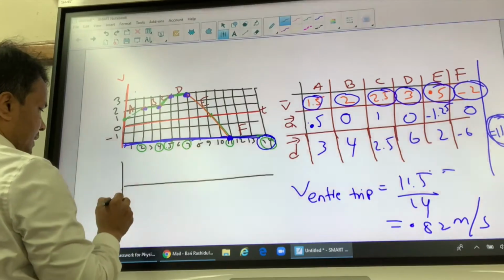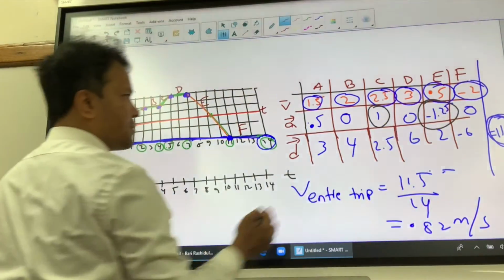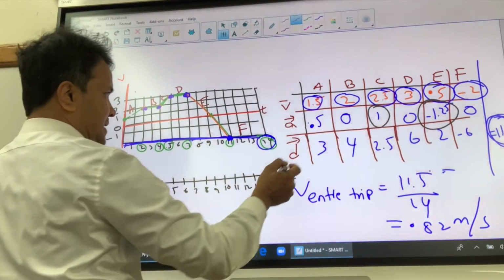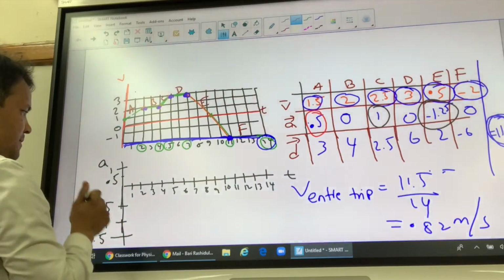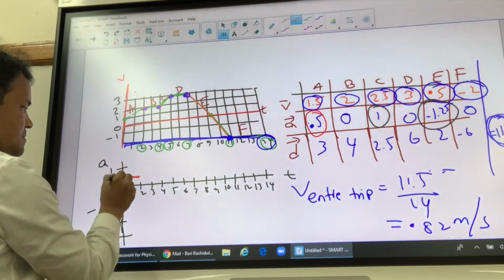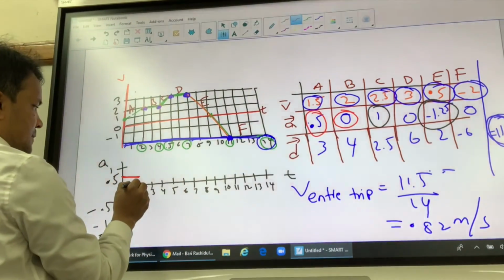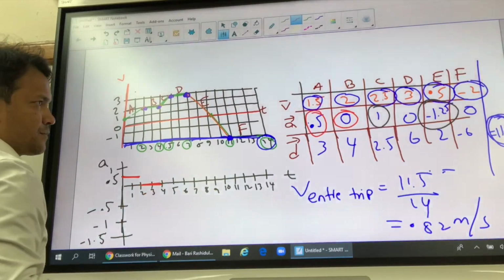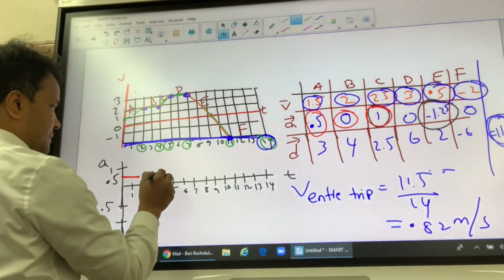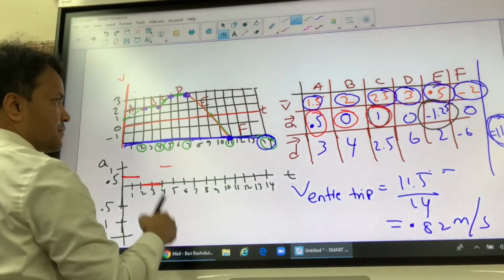Our lowest acceleration is negative 1.25. From 0 to 2 seconds, acceleration is 0.5. From 2 to 4 seconds, acceleration is 0. From 4 to 5 seconds, acceleration is 1.